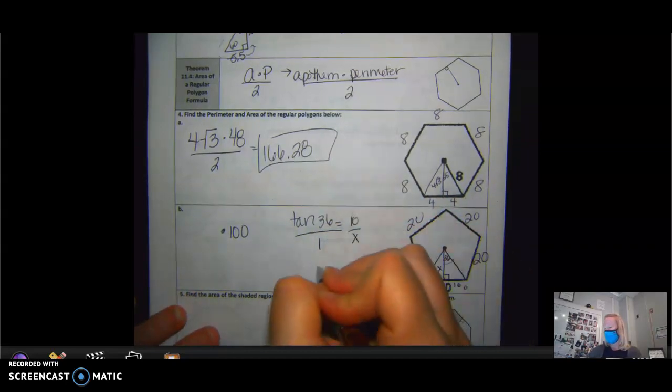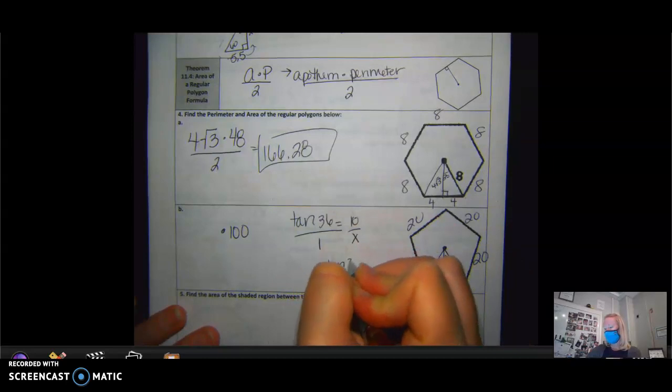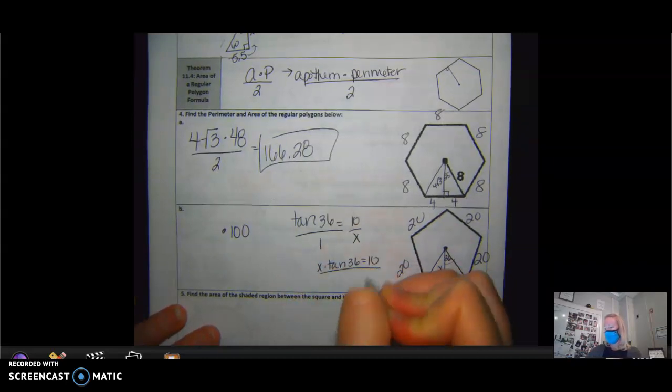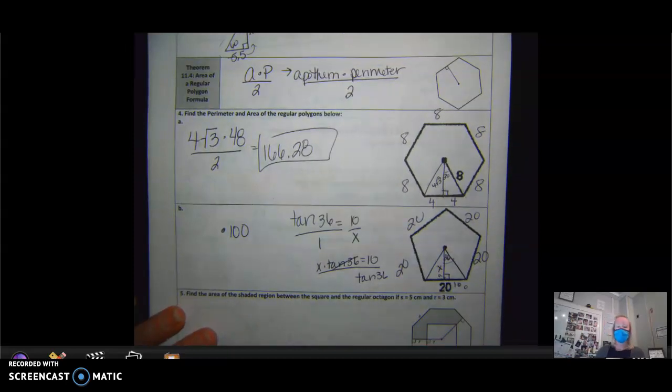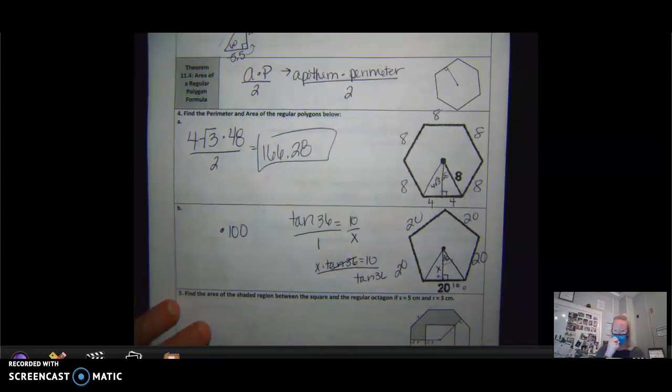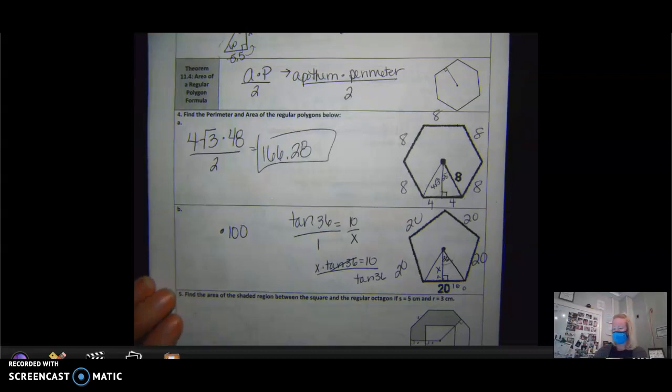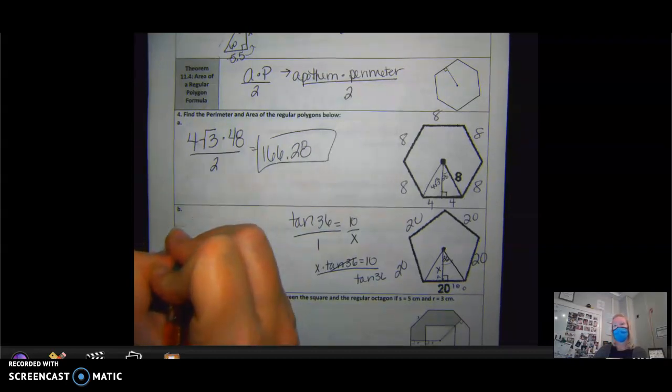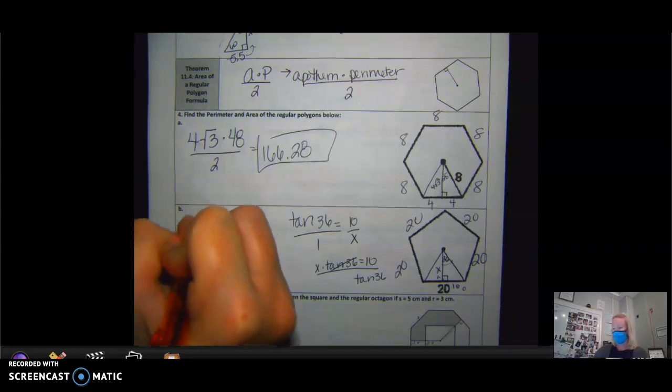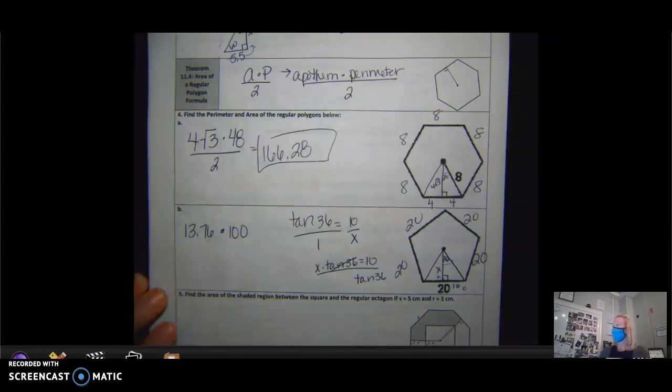Cross multiply, and I get x times the tangent of 36 equals 10. I'm going to divide by the tangent of 36. This cancels out. So 10 divided by the tangent of 36 is how much did you guys get? 13.8, or I just took it 1 decimal place longer, so 13.76.